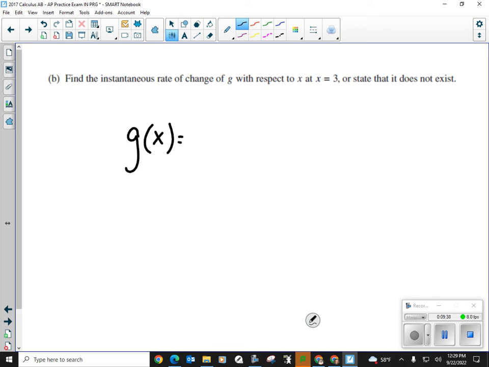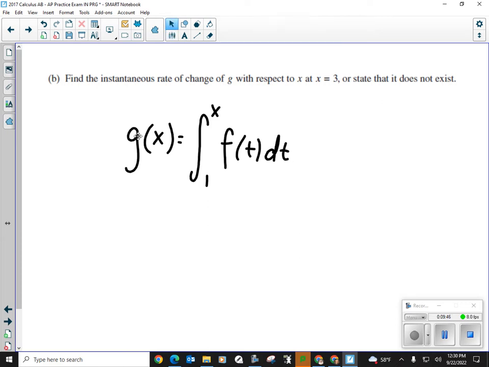G was the integration from 1 to x of f of t dt. If I need to find the instantaneous rate of change, that's the slope, but that's a slope at one point. It's not the average. That is the derivative slope, the slope at one point. Okay, that is the derivative.